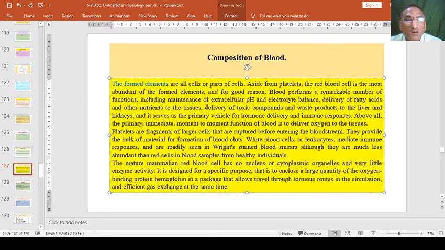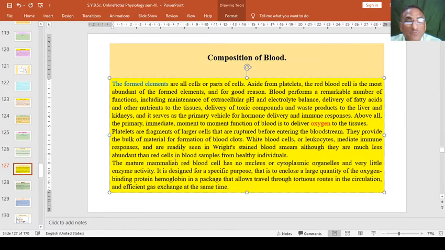Above all, the primary moment to moment function of the blood is to deliver oxygen to the tissues, because oxygen is the immediate need of the body.